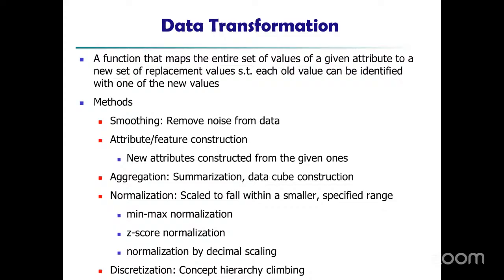In mathematics we call this the normalization process. For example, on a map, thousands of kilometers of range are converted into centimeters, right? Normalization techniques include min-max normalization, z-score normalization, and normalization by decimal scaling.